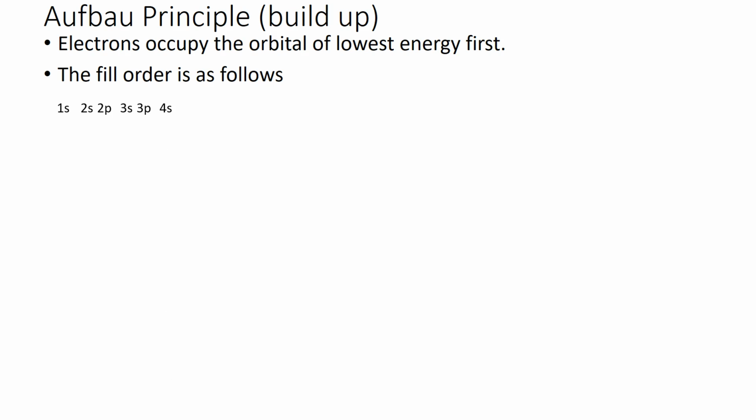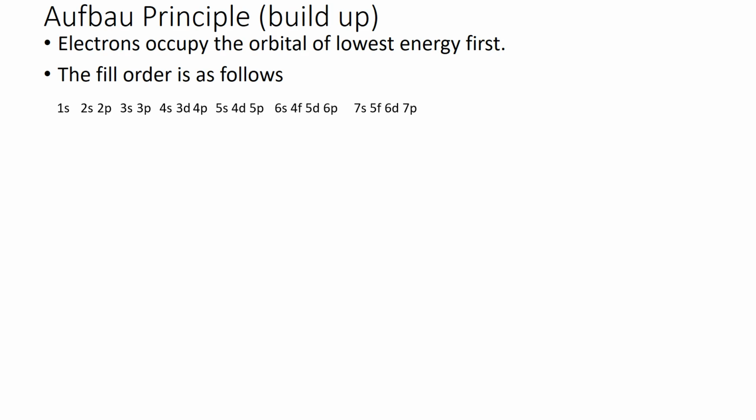We get 4s, but what's right next to 4s? 3d. So that's the next thing we fill. And then we go to 4p. And then we have 5s, 4d, 5p. And then 6s, 4f, 5d, 6p, and so on. The fill order would be like this.